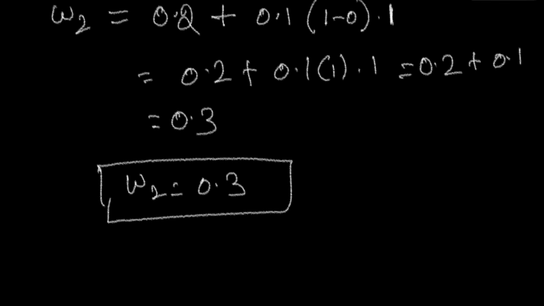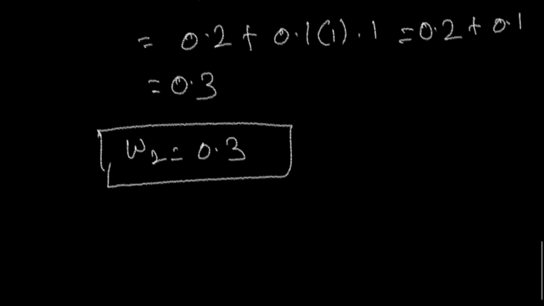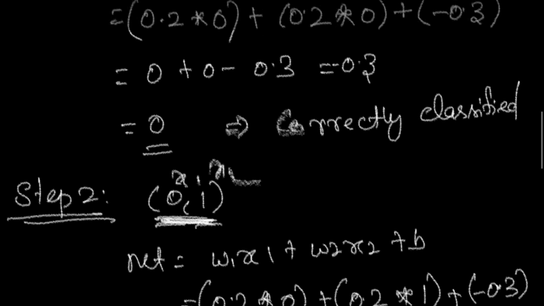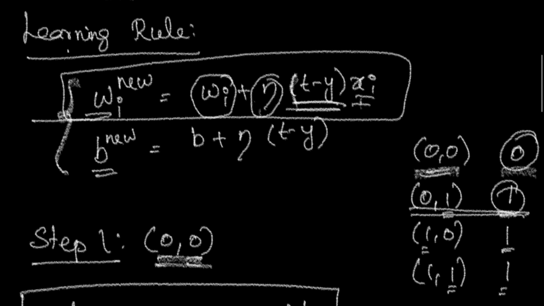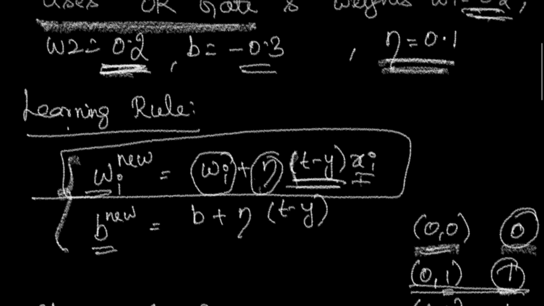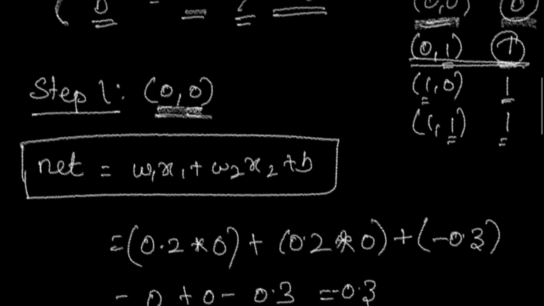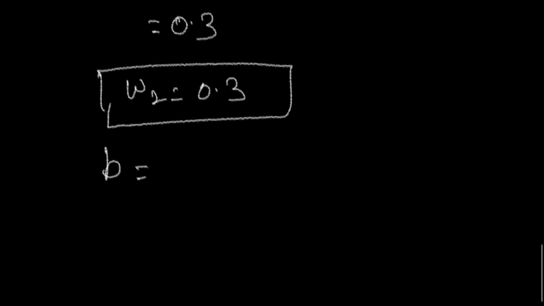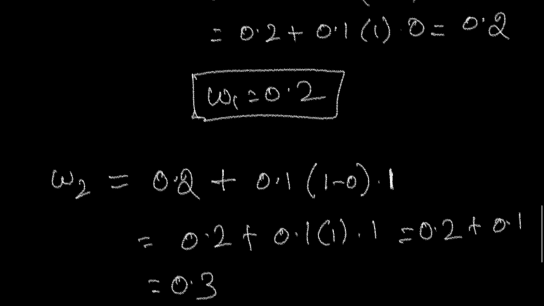So I calculated weight 1 and weight 2. Now I have to check with the bias. To find the new bias value, I have the learning rule formula: the old bias plus the learning rate into t minus y. What is the old bias we have used?